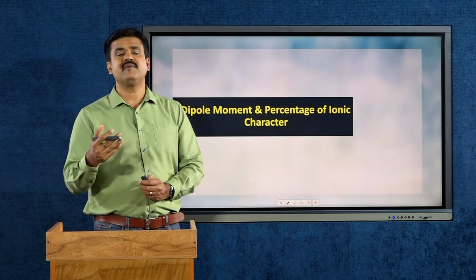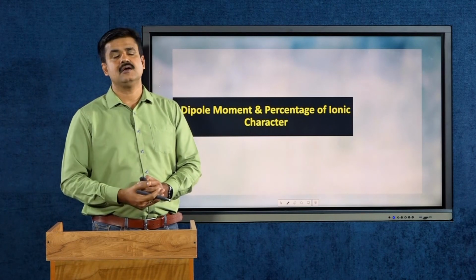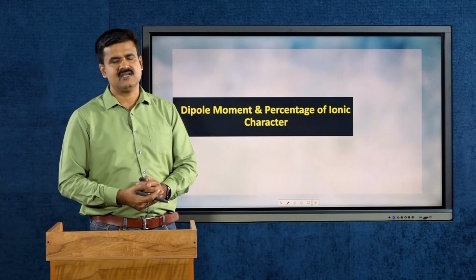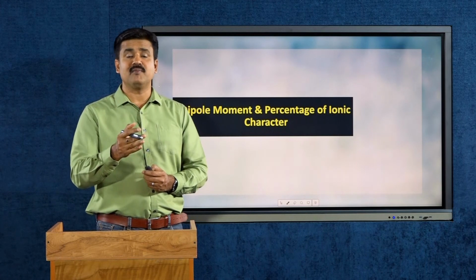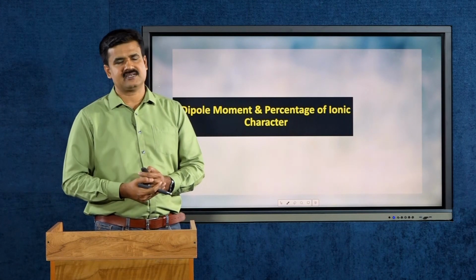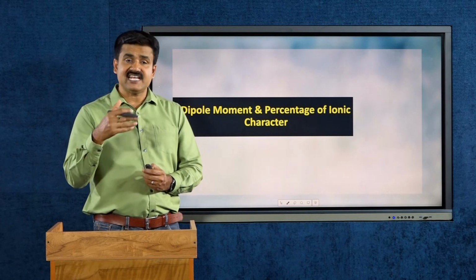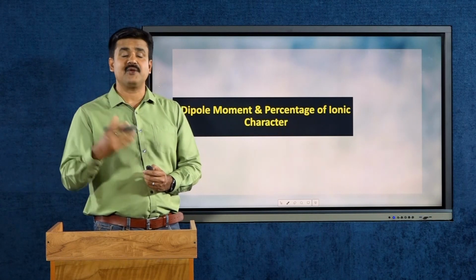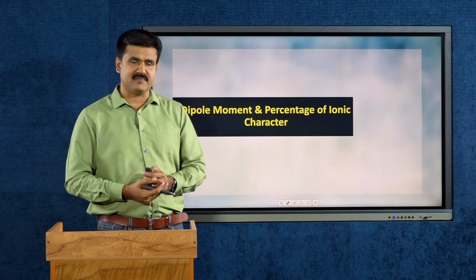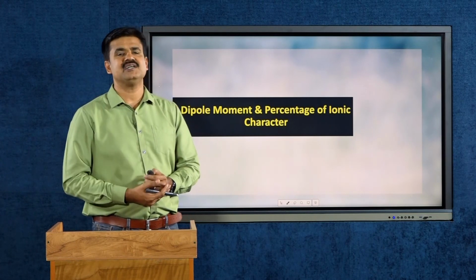So, dipole moment has some close connection with the percentage of ionic character. Through this discussion, we will establish the fact that we can calculate percentage of ionic character from dipole moment measurements. We can now enter into the details.